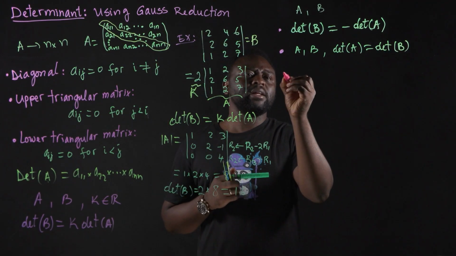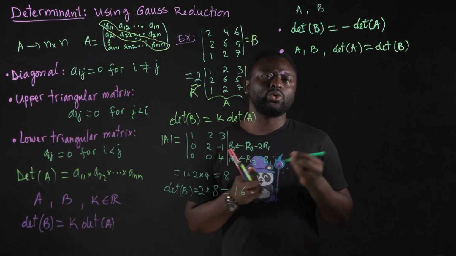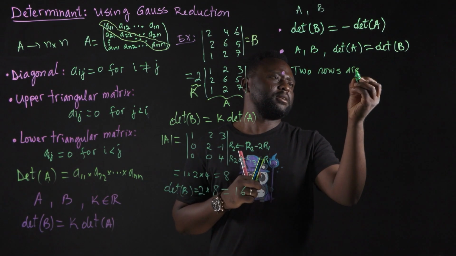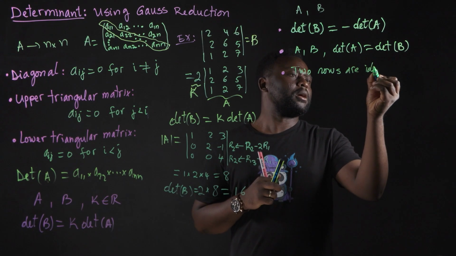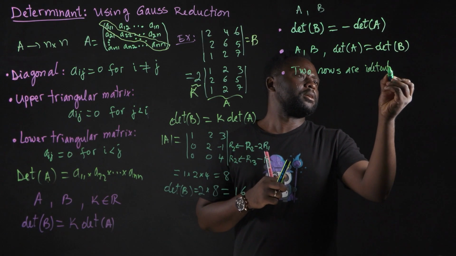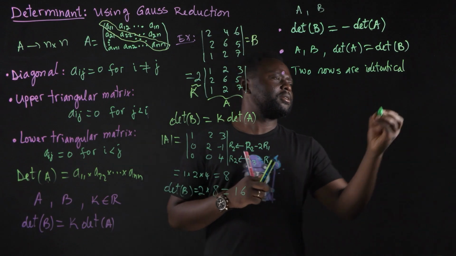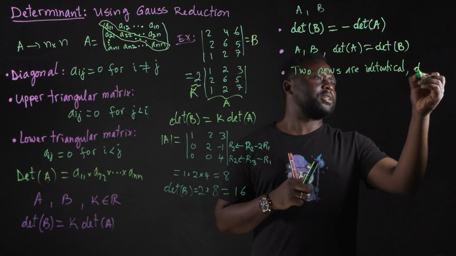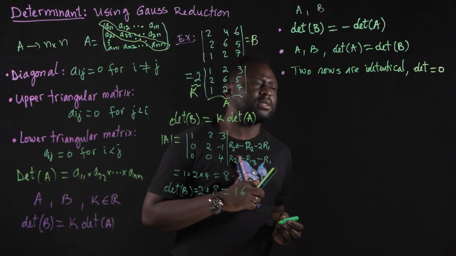and lastly, if you have a matrix where 2 rows are identical, then the determinant of such a matrix is equal to 0.